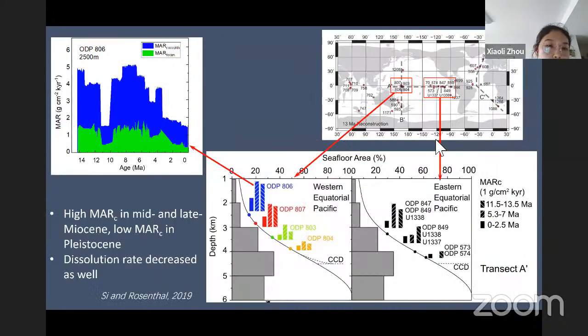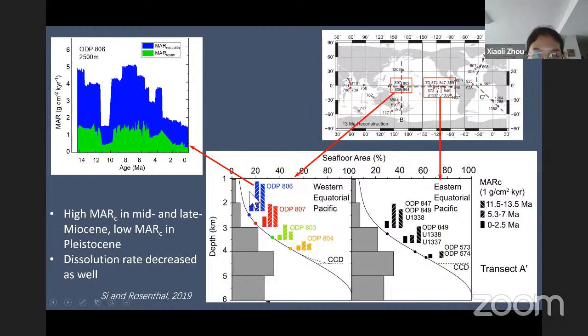So those records are all from the shallowest site. So why do I show you the shallowest site record? This is because the carbonate will dissolve partly as the depth gets deeper. So for example, here we take the 4 sites on the Ontong Java Plateau in the Western Pacific.